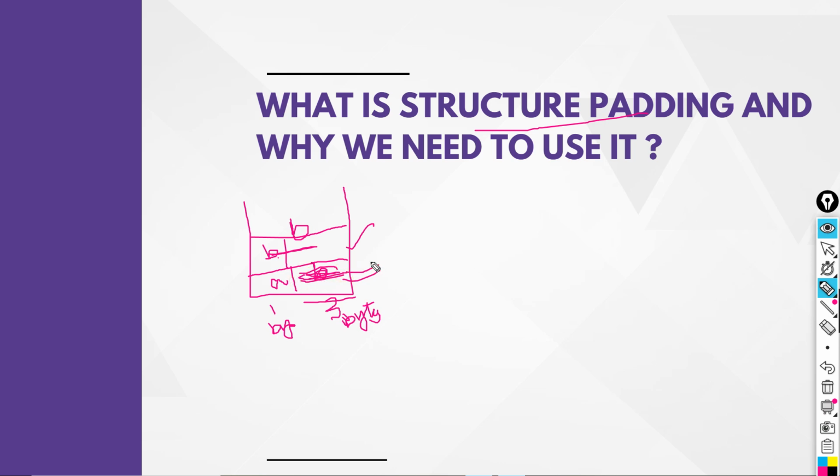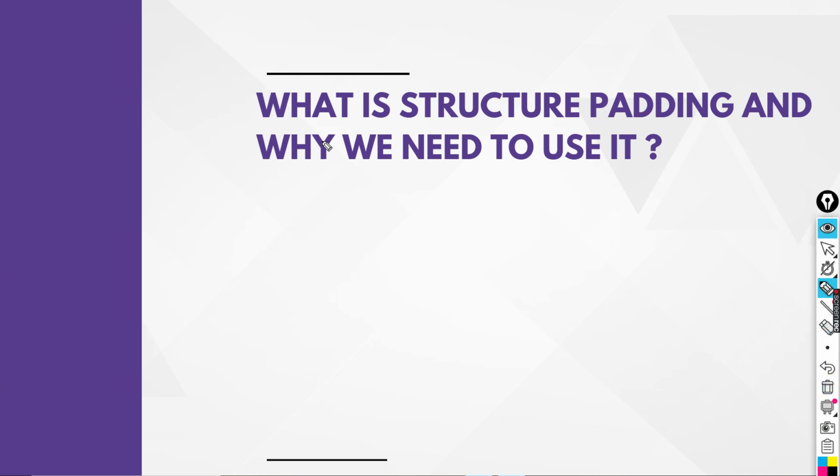So using structure padding we pad this space to avoid the unaligned memory access. Why? Because unaligned memory access leads to more CPU cycles. So to avoid unaligned memory access, we are using structure padding.